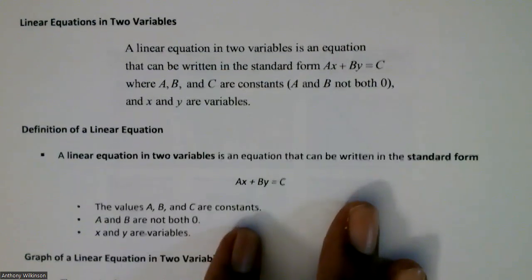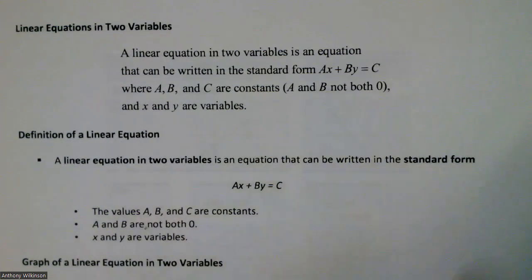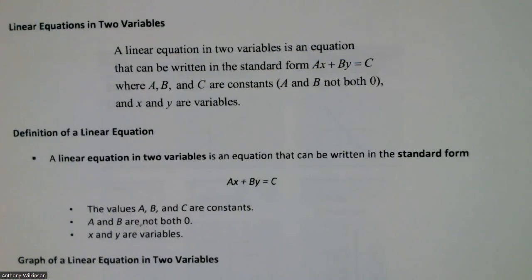Now let's begin with linear equations in 2 variables. So here I'm just going to give you some information about some things, and then we'll go into some examples as we go along. A linear equation in 2 variables is an equation that can be written in standard form ax plus by equals c, where a, b, and c are constants, and a and b are not both 0. X and y are going to be the variables.